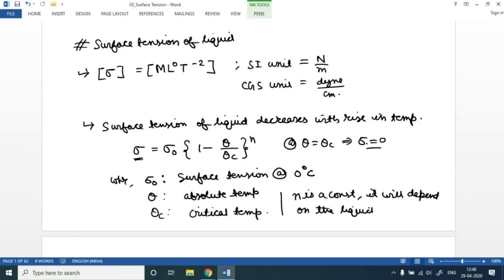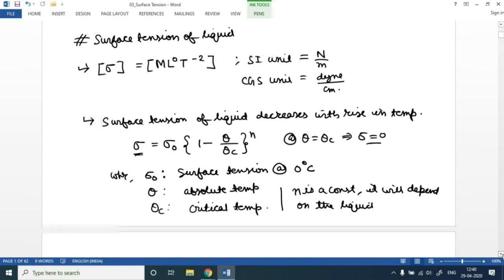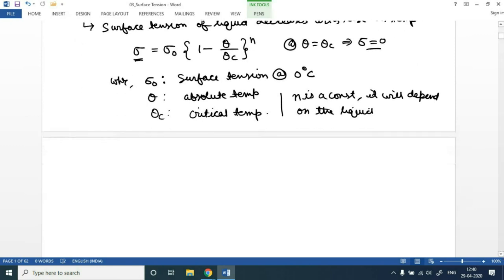One more thing we must know is the effect on the surface tension of a liquid when some impurities are added into it. When impurities are added, the surface tension of the liquid will change appreciably.